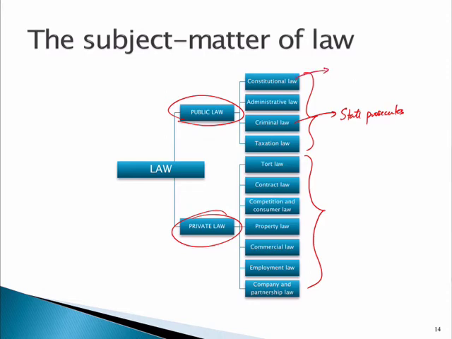Constitutional law is about what respective powers governments have, say the state government versus the federal government. Administrative law deals with the application of law by the government. Is the government applying the law the right way? And of course, tax, I'm sure you all understand about tax and how its revenue is going to apply. So these are all about the nature of the relationship between the citizen and the state.